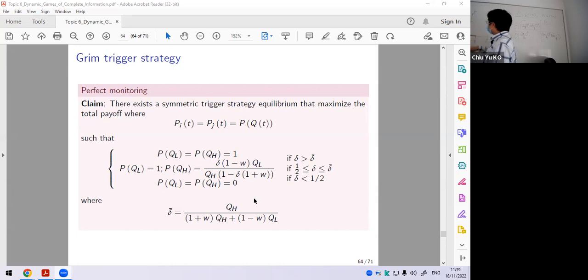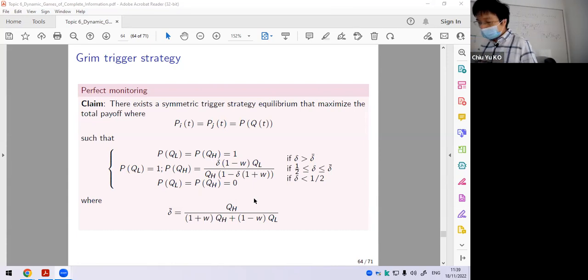Of course, you can imagine if there's no uncertainty, you draw a line there. I don't know what the shape is, but you expect something like what we have drawn there. So the interesting thing is, if there's uncertainty at the beginning, what you get is very funny.